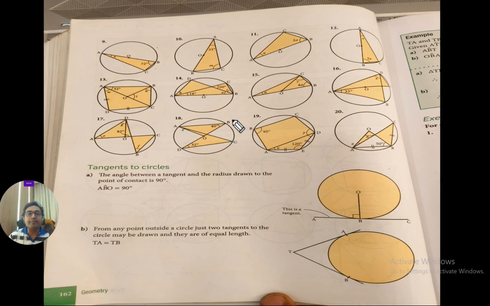अभी CAB is 32 degree. अभी ये 40 है तो पूरा वाला कितना होगा? 40 होगा. कैसे? OA and OB radius of the circle.